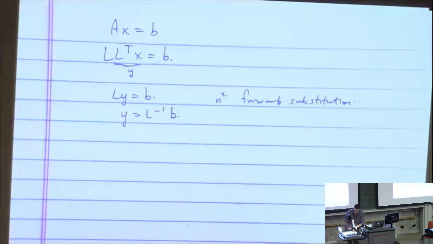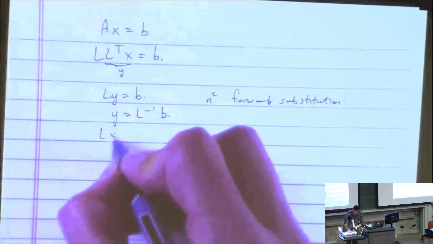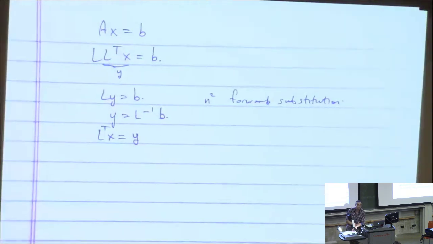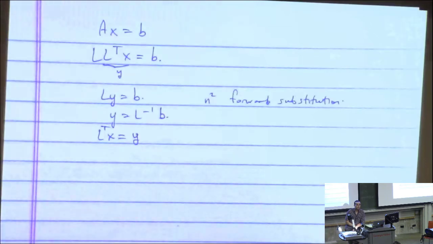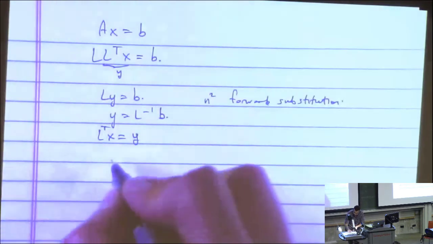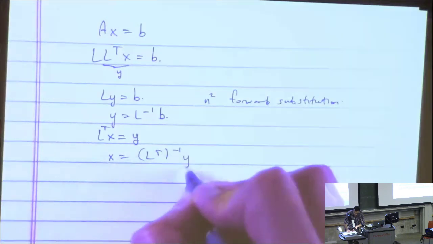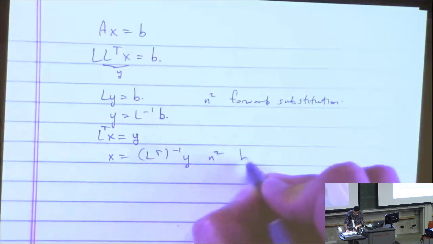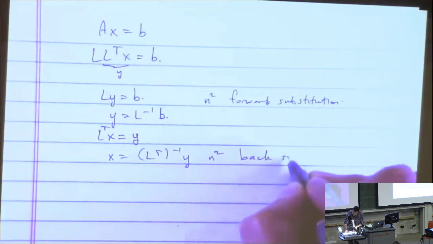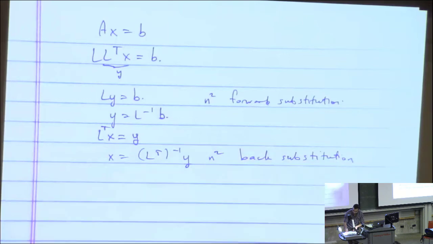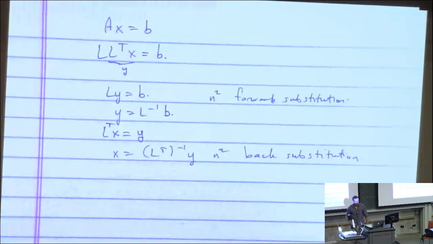Now I have this linear system to solve, L transpose x equals y, because I still don't have the solution x. And I can do that by back substitution. So that's why, after I've computed the Cholesky, it just costs on the order of n squared flops to solve a linear system.